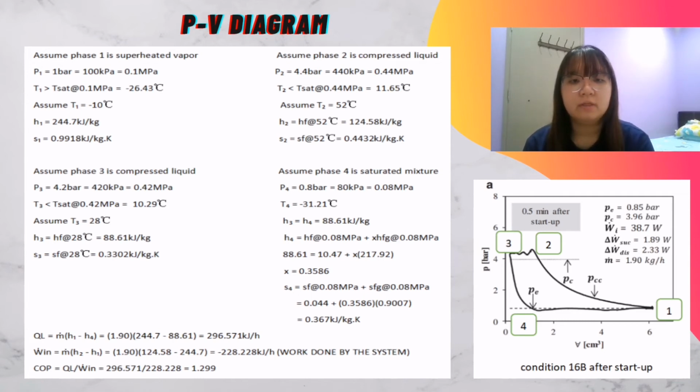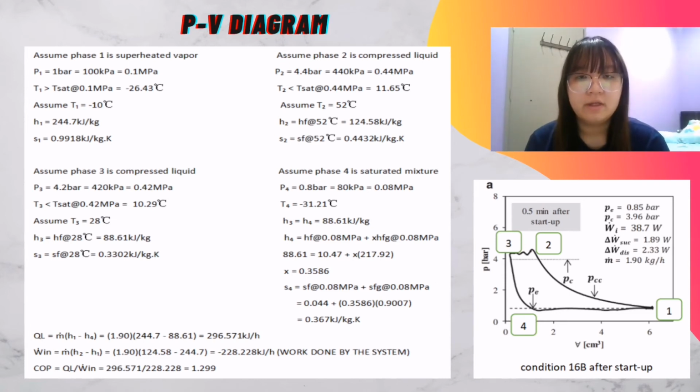QL equal mass flow rate times H1 minus H4. By substituting the data, we will get 296.571 kJ per hour. For W in equal mass flow rate times H2 minus H1, we will get negative 228.228 kJ per hour, negative meaning work done on the system.